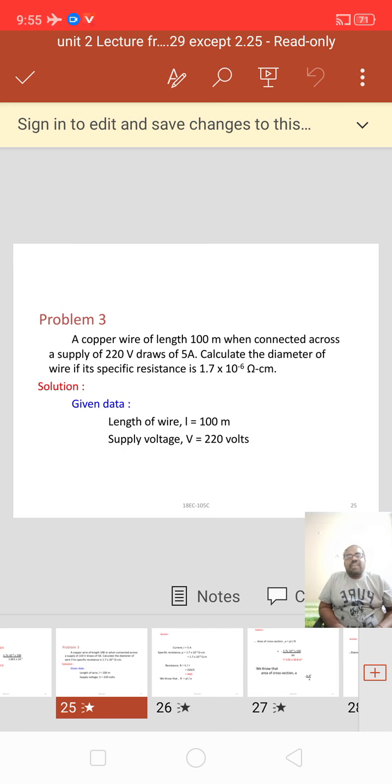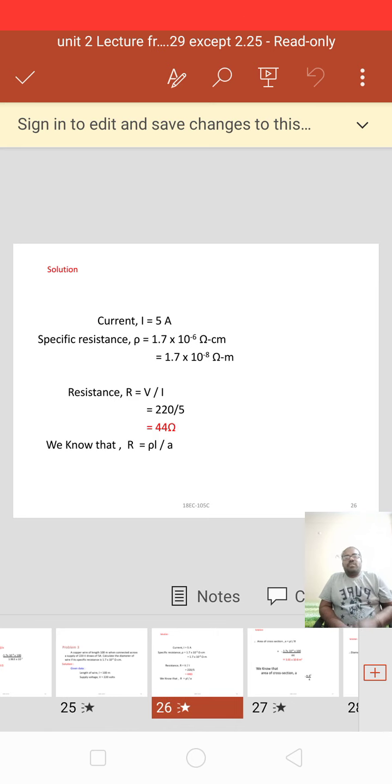Okay, by seeing the above problems, we have the given data: length of the wire L equal to 100 meters, supply voltage V equal to 220 volts, and current I equal to 5 amperes, specific resistance rho equal to 1.7 into 10 power minus 4 ohm meter.